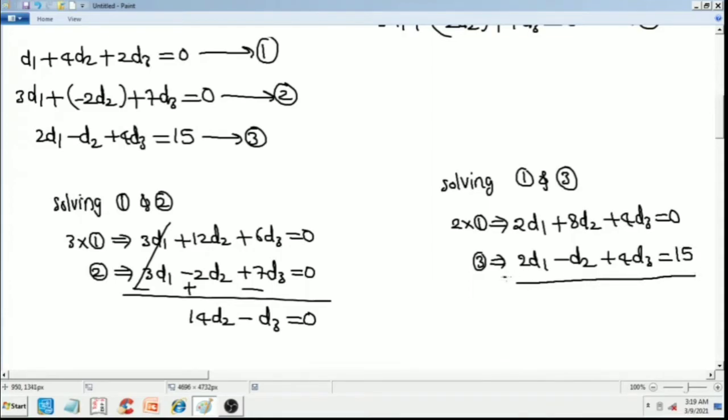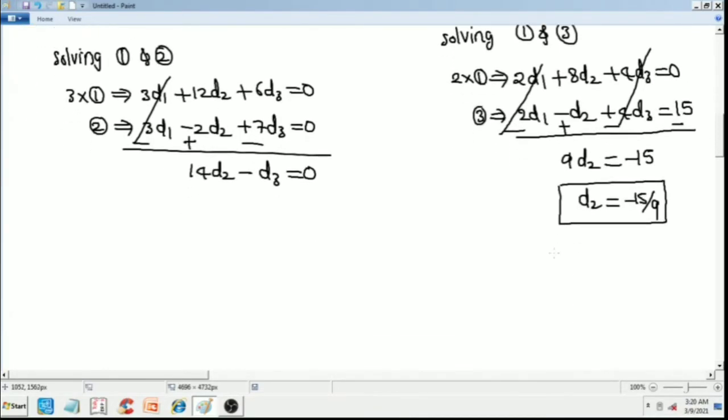So from here, the d1 and d3 terms get cancelled. 8 plus 1 is 9 d2, equal to minus 15. So d2 is equal to minus 15 by 9.